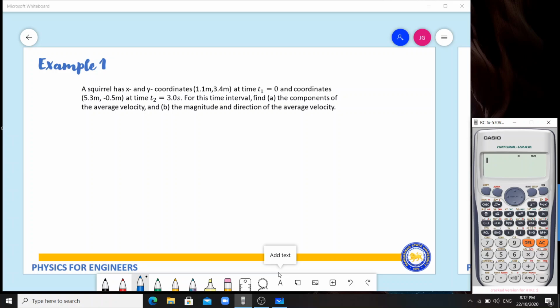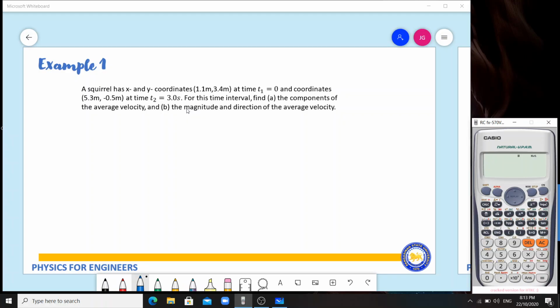Hello guys, in this video we will be discussing more examples for motion in 2D or 3 dimensions. Okay, so for the first example, a squirrel has x and y coordinates 1.1 meter, 3.4 meter at time t1 equals 0, and coordinates 5.3 meter, negative 0.5 meter at time 3.0 seconds.